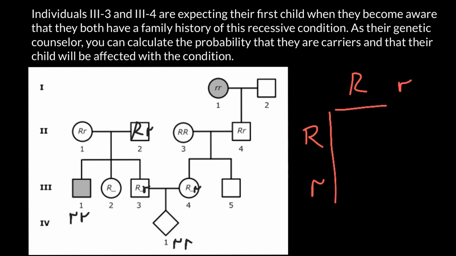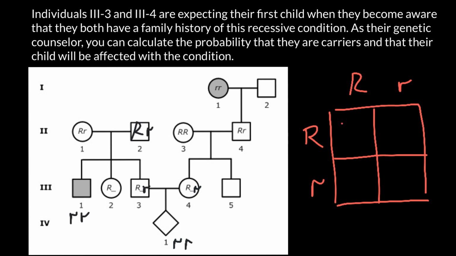And now we can find the probability for the phenotypically normal male to be a carrier, so let's take a look. Capital R here, capital R, small r here, capital R, small r here, and small r here.